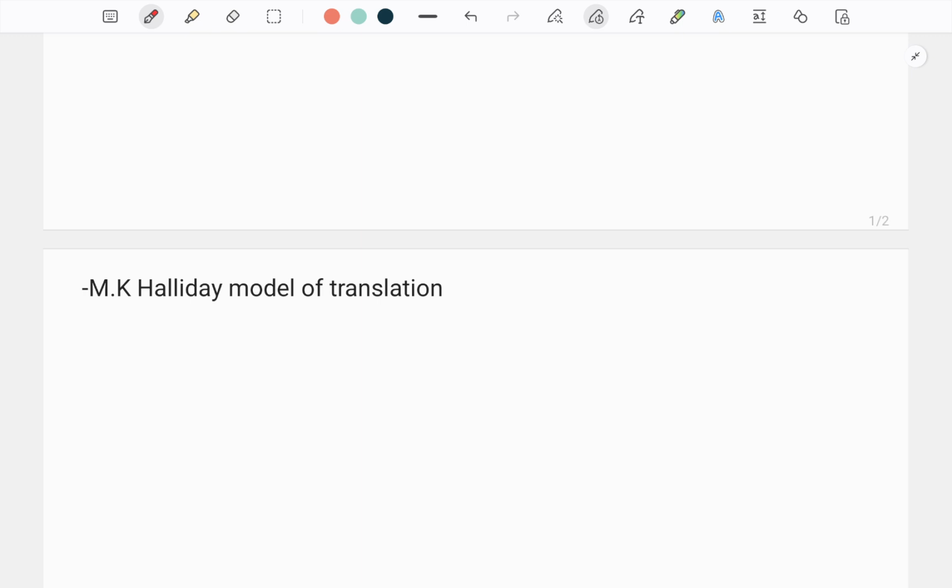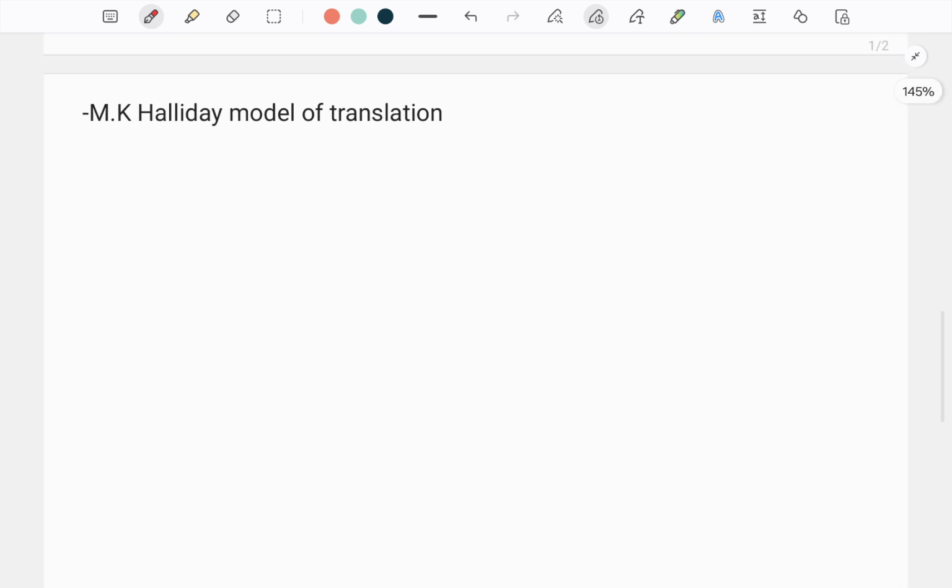So he provides a medium, and he provides the data on how language is processed in translation.